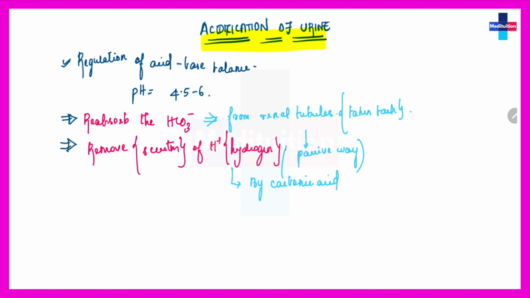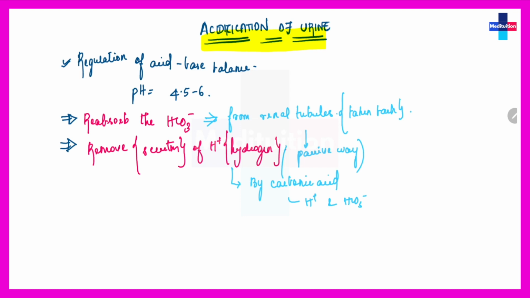Your carbonic acid immediately dissociates and gives H plus and bicarbonate. So by that way it will secrete H plus.